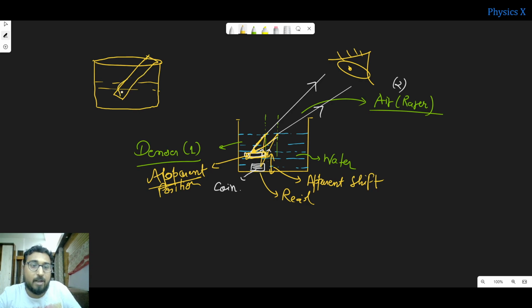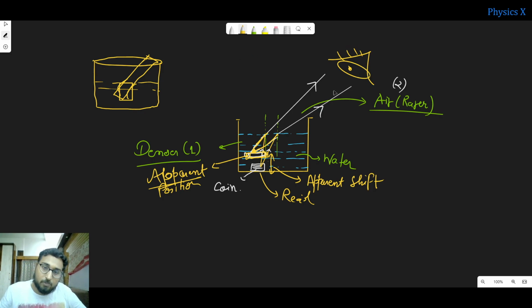It will appear bent at the surface. We observe this bending from the side. This is because of refraction, that is, because of the bending of light.